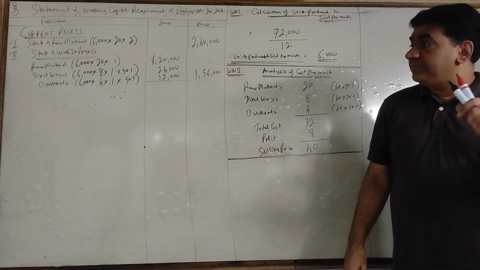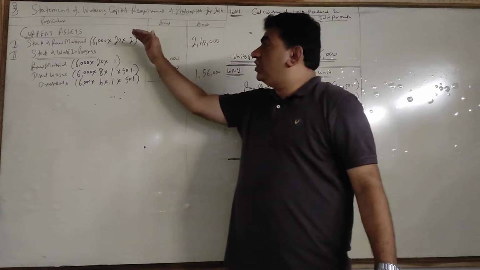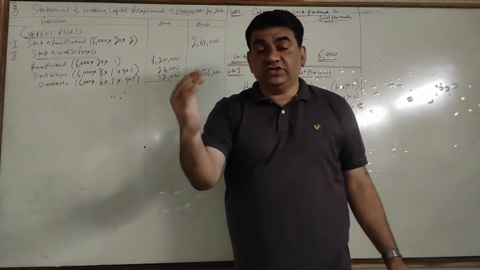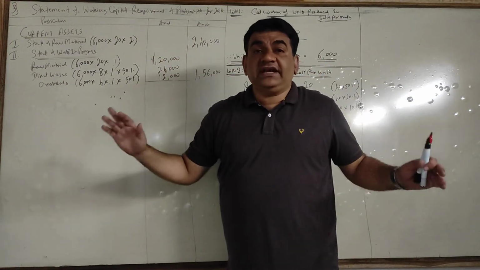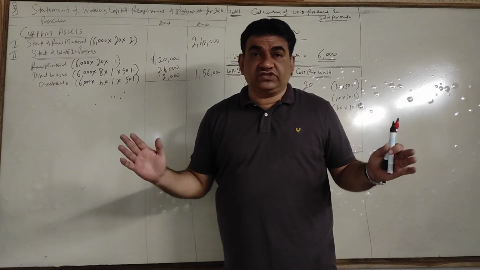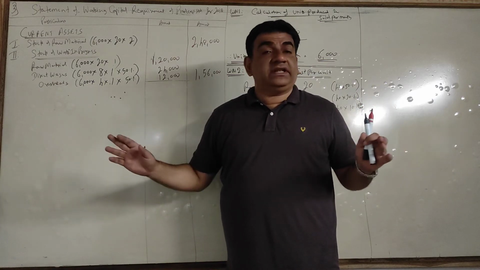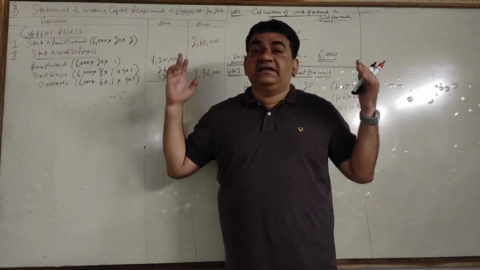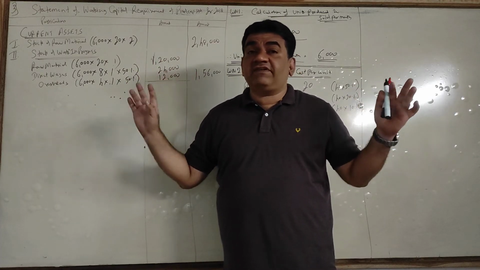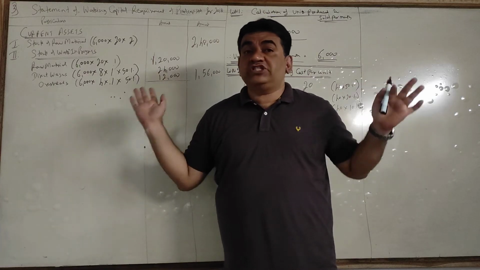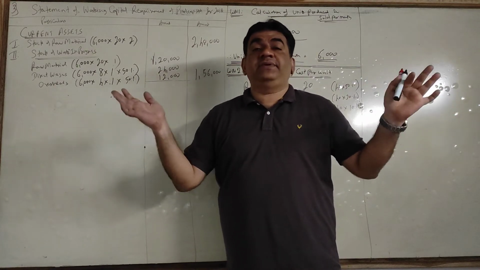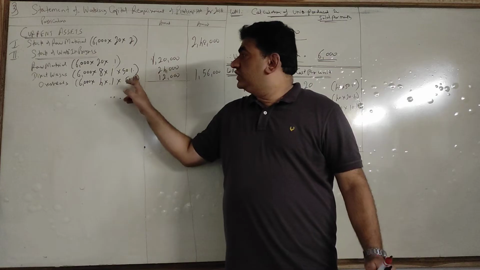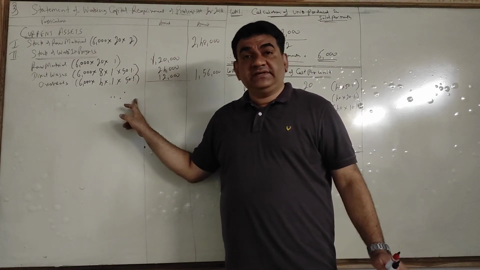Total WIP 1,56,000. I'll repeat, guys. Stock of work in progress means that goods which are not yet fully completed, semi-finished goods. Not yet completed matlab anything, 1%, 2%, 10, 15, 20, 60, 70, 80, 90, 95, up to 99, not 100. Because if it is 100% complete, it becomes finished goods. So nothing given, we take 50%.